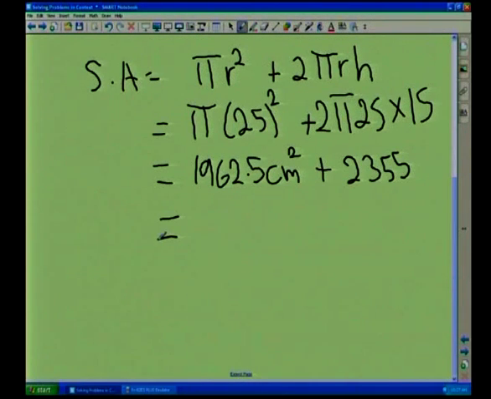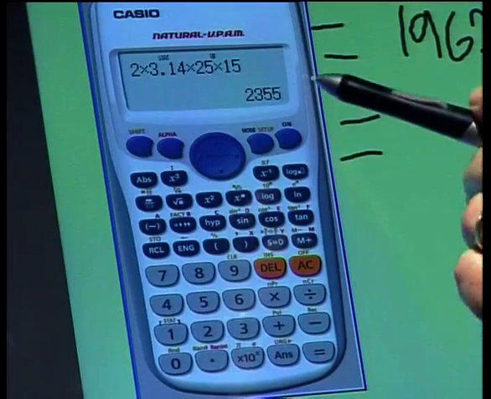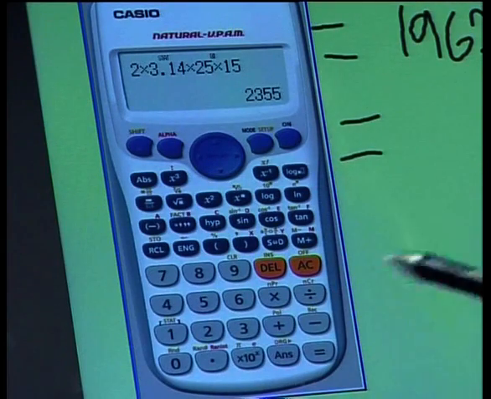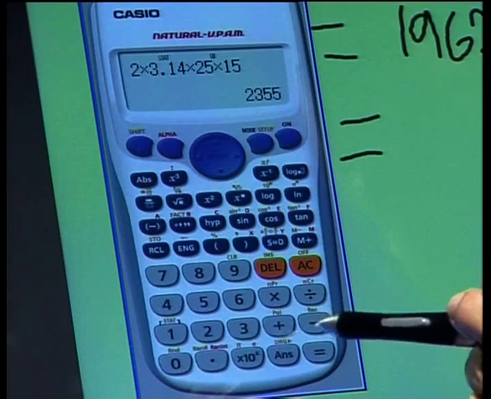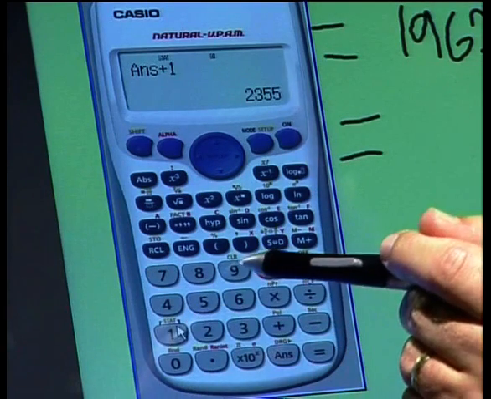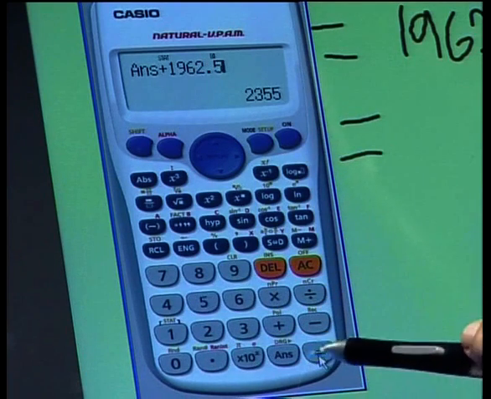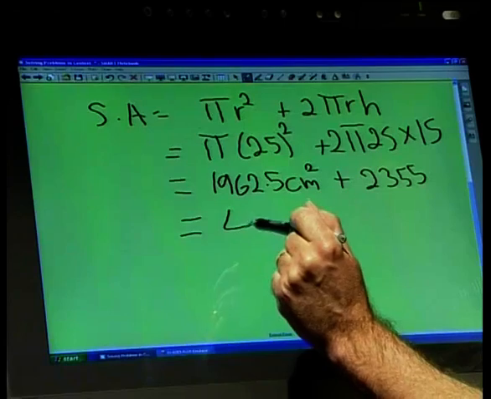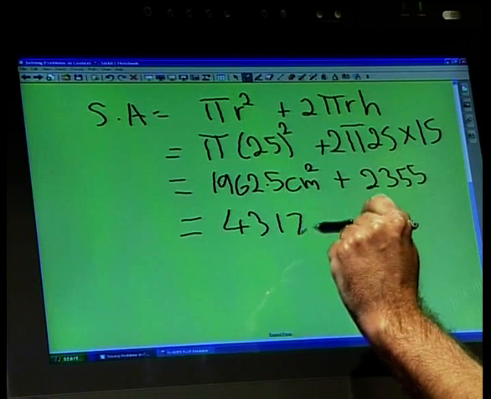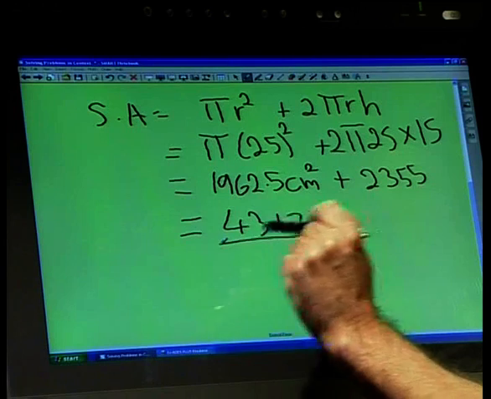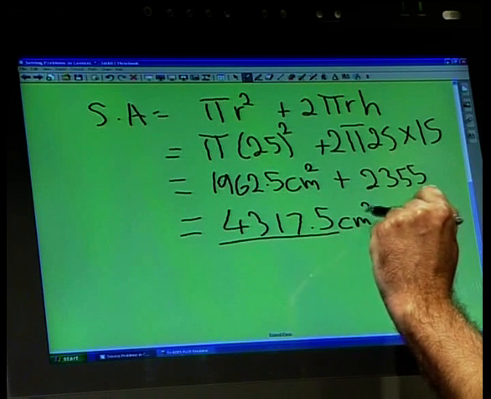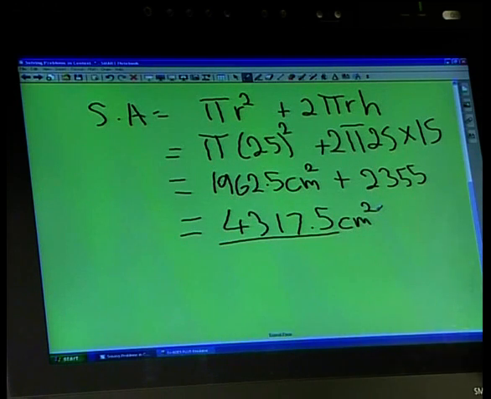Adding those two figures up, we're getting 2,355 plus the 1,962.5, and we get a total of 4,317.5. And again, the answer is in centimeters squared. Now we know how much icing she needs for her cake.